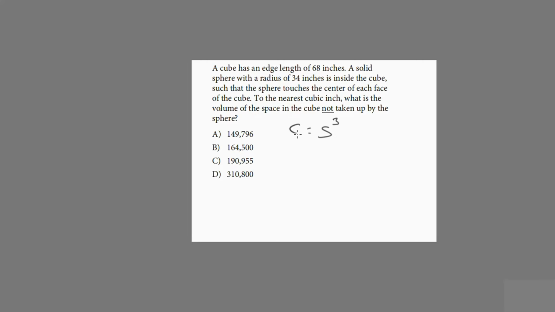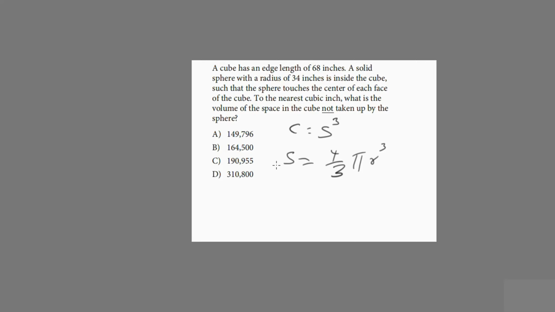Since in a cube the side lengths are equal, the volume of a cube is this, whereas the volume of a sphere is 4/3 pi r cubed.